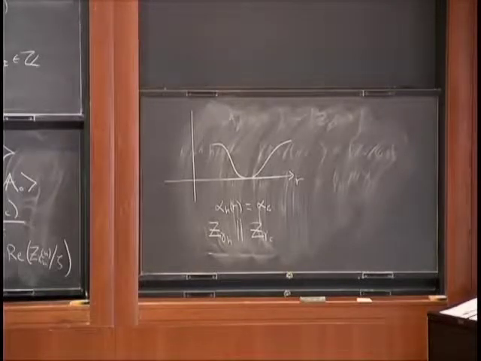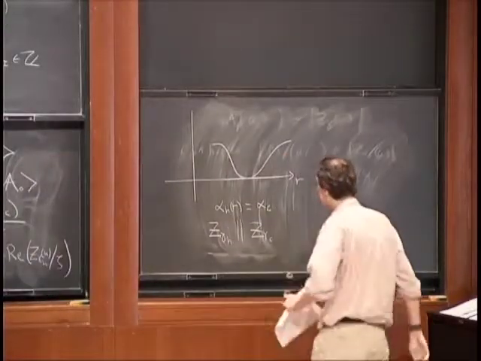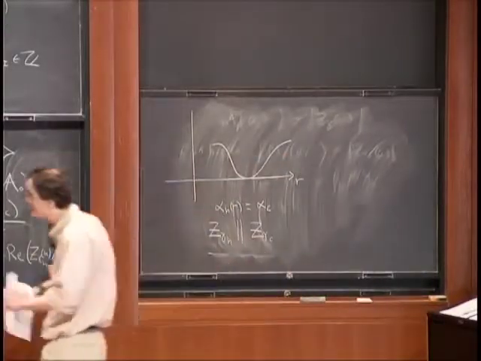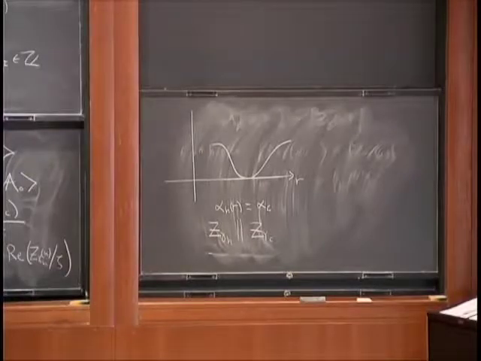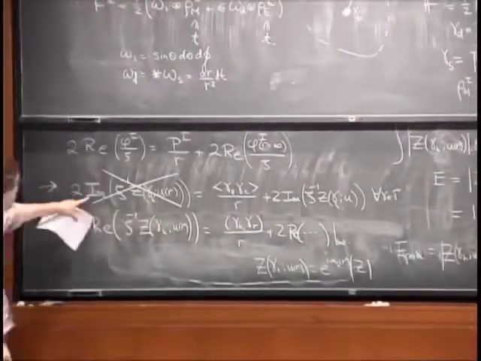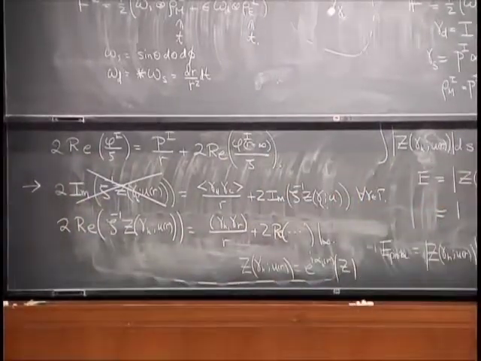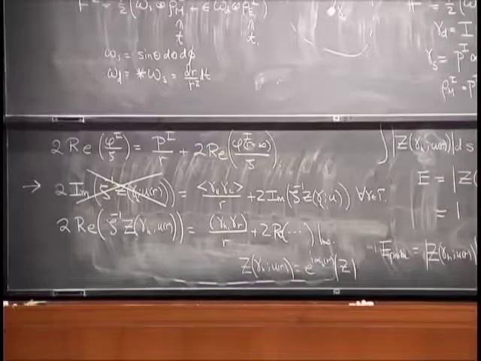Well, okay, so alpha h of r is alpha c. So the central charges are parallel. So let's put gamma h here, and we have a gamma h here. And so at the bound state radius, this is 0, because zeta is minus e to the I alpha c. So these are parallel, anti-parallel actually, complex numbers. Their imaginary part is 0.